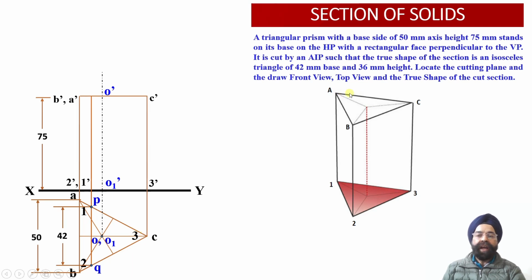Alongside this edge, we have marked this point as point P, and another point Q has been marked alongside the adjacent edge of the top face BC over here. That is 2 points alongside 2 adjacent edges we have located in such a way that the distance between these 2 points should be equal to 42 millimeter.